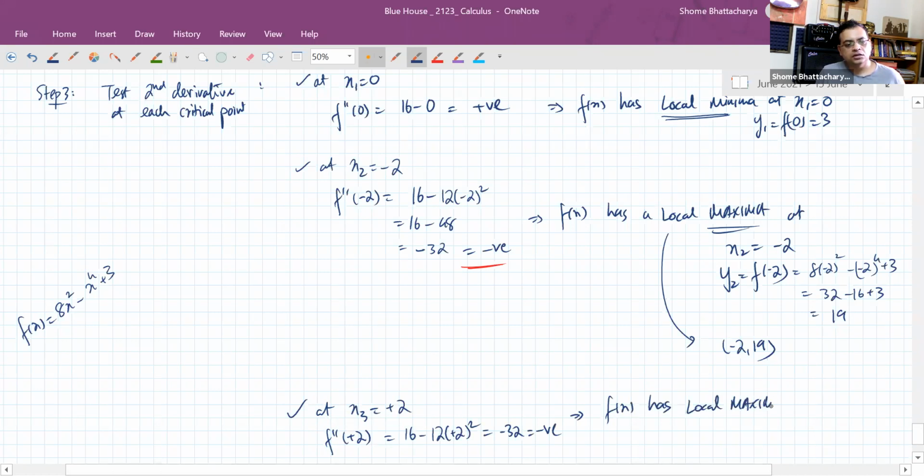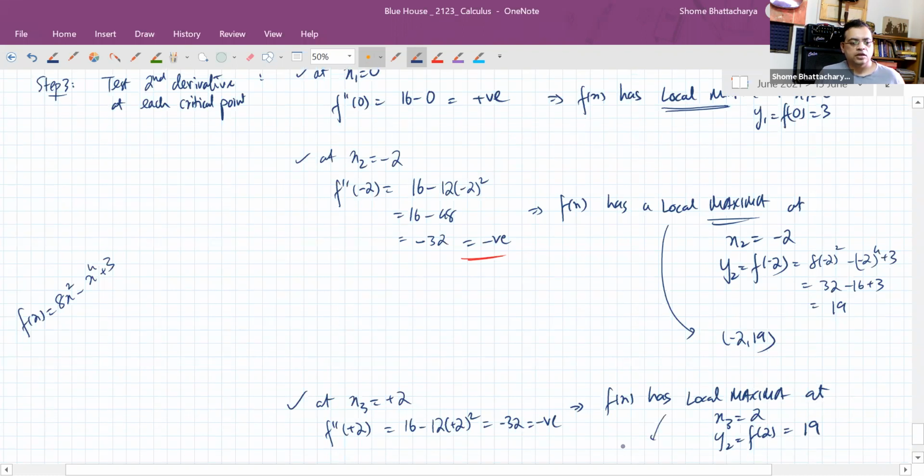And it's just a coincidence that I've taken a function such that the value of the maxima will again be the same as it was at -2. It will again become 19. So this local maxima also has coordinates (2, 19). Just check my calculation once, it should be correct.